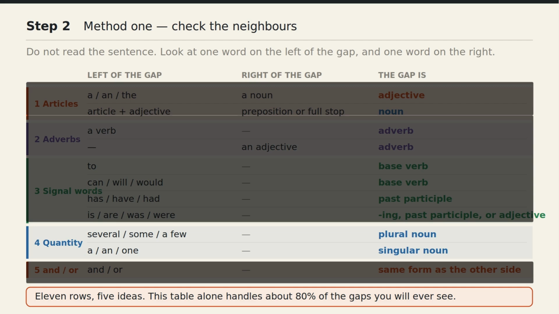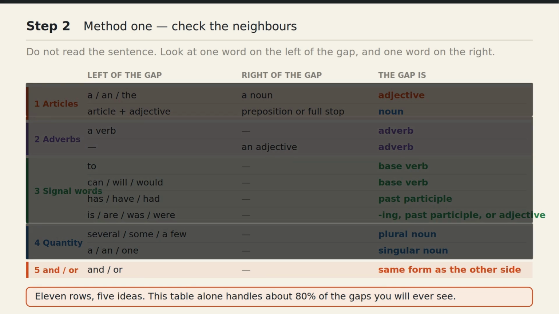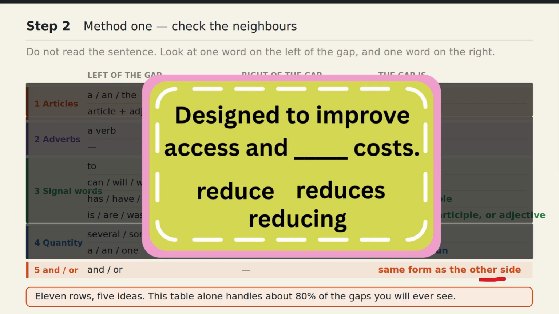And finally, my favorite one: and. Seriously, whenever you see "and" near a gap, pay attention, because "and" often connects two things of the same form. Look at this: "designed to improve access and gap costs." Options are reduce, reduces, and reducing.